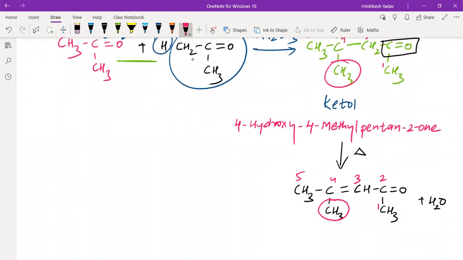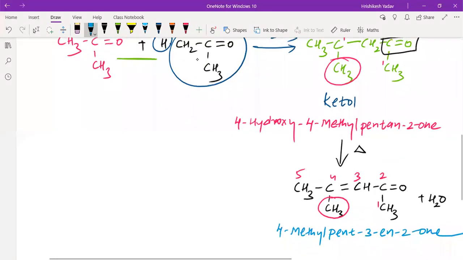So the name of this compound is 4-methylpent-3-en-2-one. On the 4th carbon we have methyl, then we have 5 carbons in the longest chain, so pent, and this is your 3-ene.